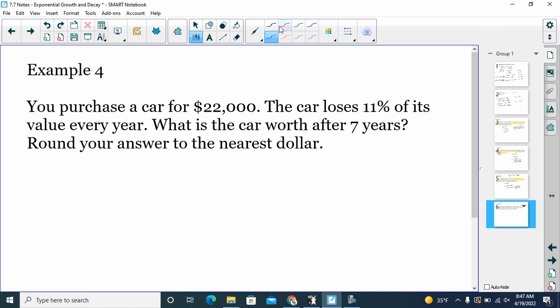Last one, example 4. You buy a car, you pay $22,000 for that car. That's our starting amount. The car loses 11% of its value every year. What is the car worth after 7 years?